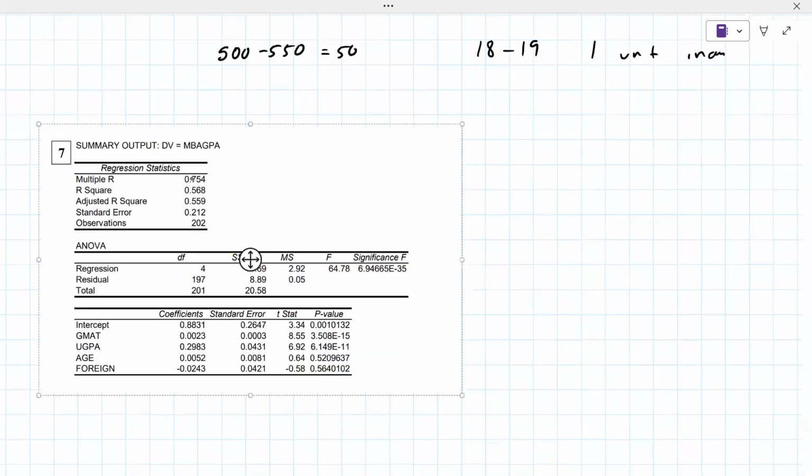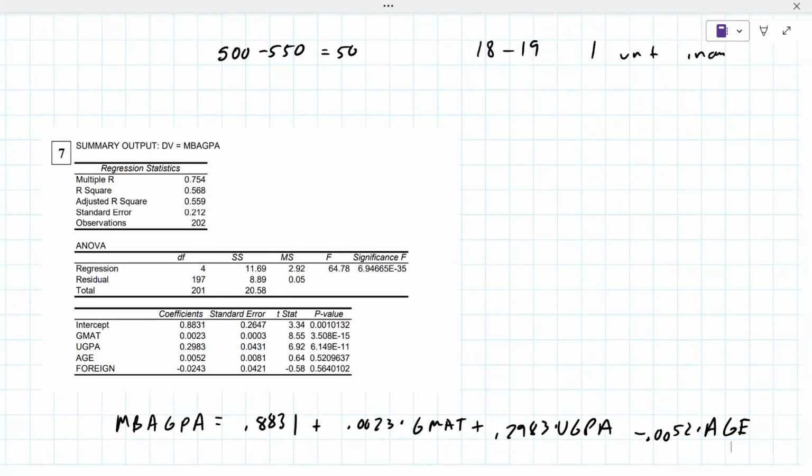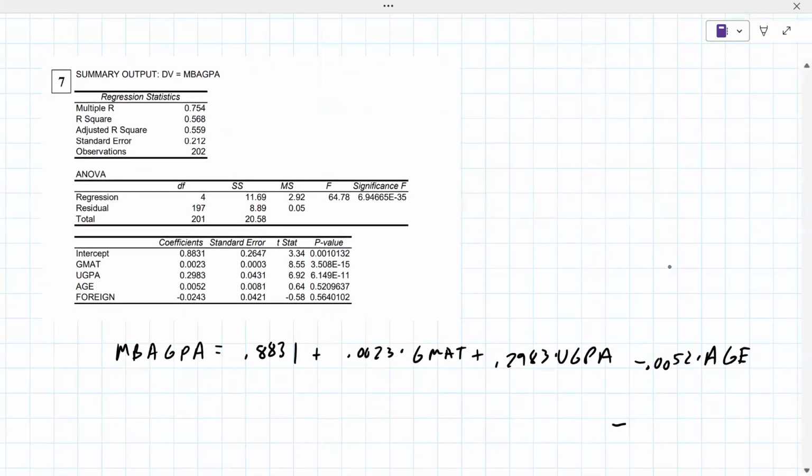So the idea here is that MBA GPA equals 0.8831 plus 0.0023 times the GMAT score plus 0.2983 times the UGPA score minus 0.0052 times the age, and then minus 0.0243 times the foreign.